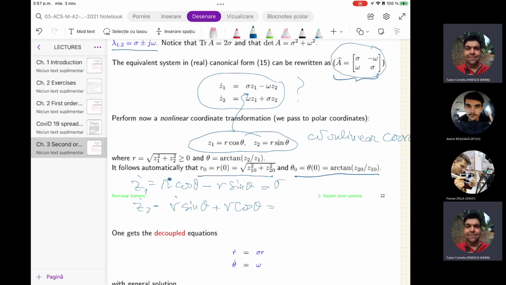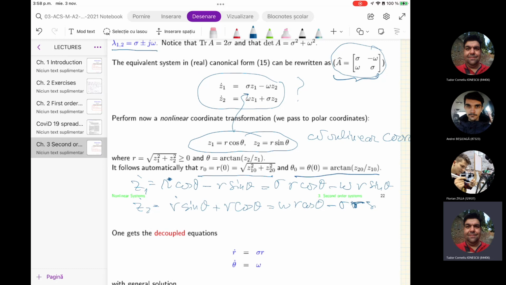So this is sigma r cos theta minus omega r sine theta, and then you get omega r cos theta minus sigma r sine theta.